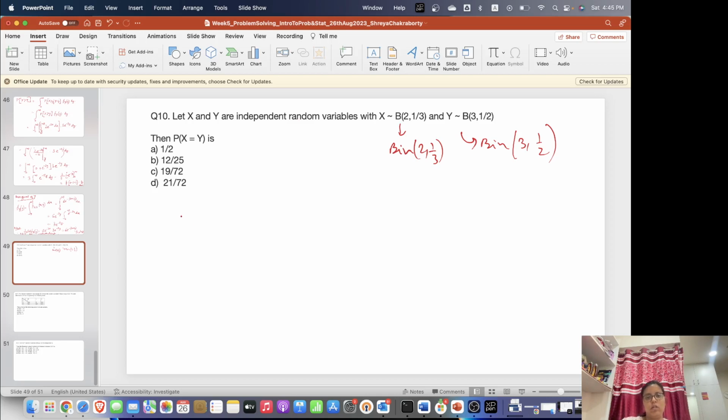So x follows binomial(2, 1/3), so it can take 0, 1 and 2. And y follows binomial(3, 1/2) with success probability half, so y can take 0, 1, 2 and 3.